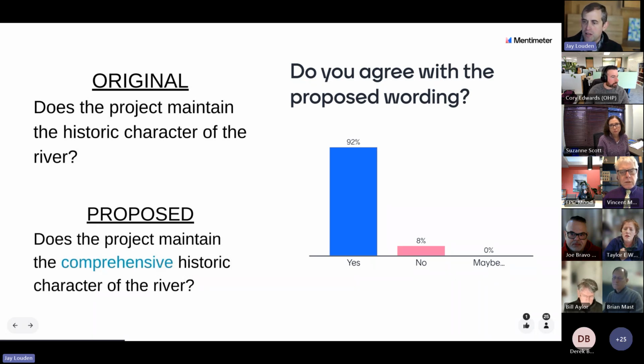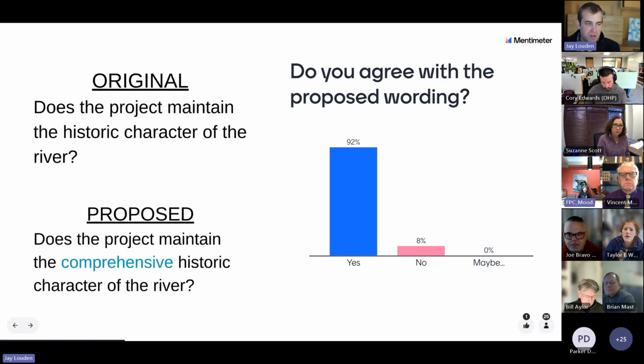Parker, I think you've got your hand up. Hey, would it help to separate out the historic culture and the historic ecology? Because it seems like it gets conflated in what we're talking about. Are we talking about the ecology, or are we talking about the historical culture of the river and its impact on the community? Would it help to separate them out? And I'll defer to Allison there as far as the intent of this.